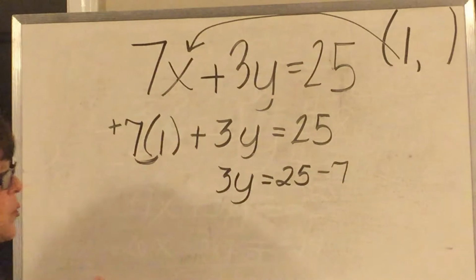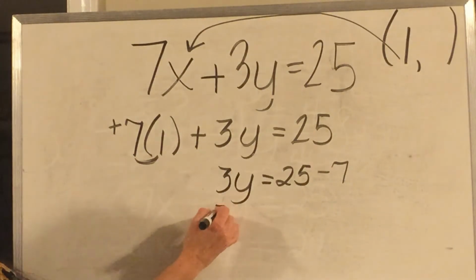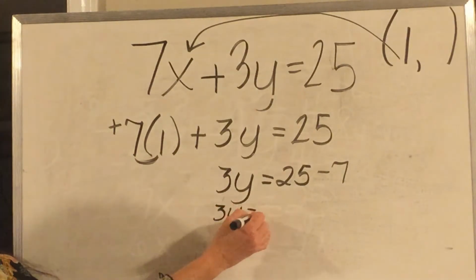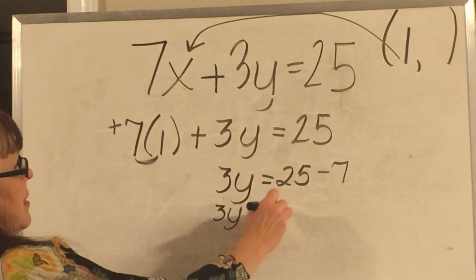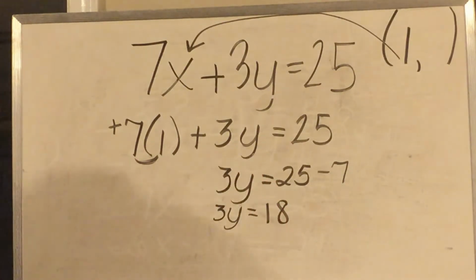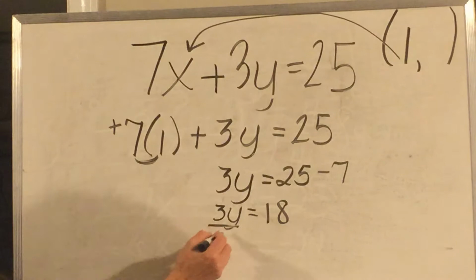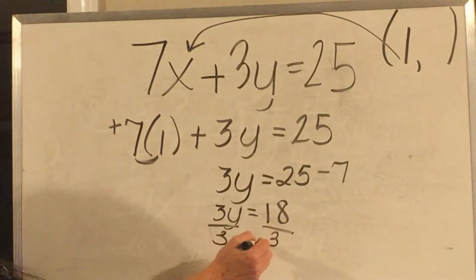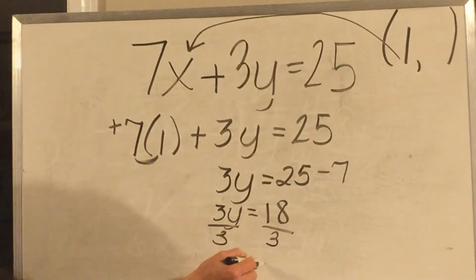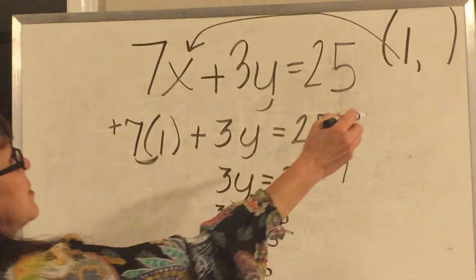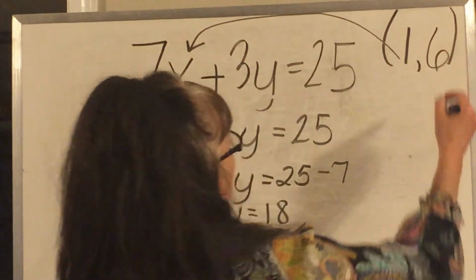And then what is 25 minus 7? Well, that's going to give you 18. Finish the problem by dividing by 3. And y equals 6. So the answer is 1, 6.